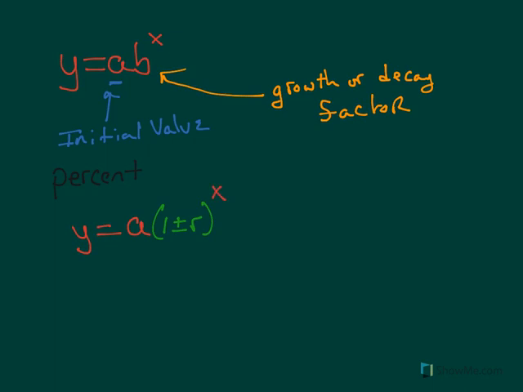So the 1 plus or minus r is basically making the b value for you. And r in this case is going to be the percent growth or decay, and it's going to be as a decimal.